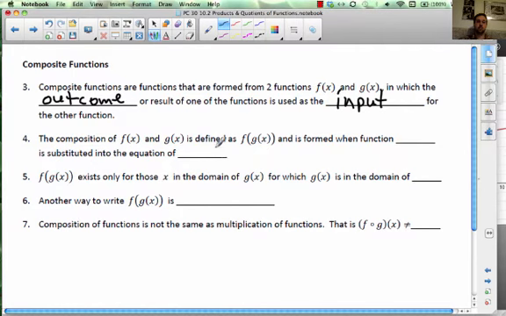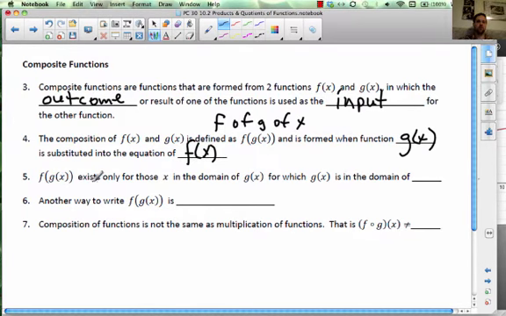So composition of these is defined as f of g of x. So that's how we say it, f of g of x, when g is inside like that, and is formed when function g is substituted into the equation of f of x. We'll see what this looks like in a minute.